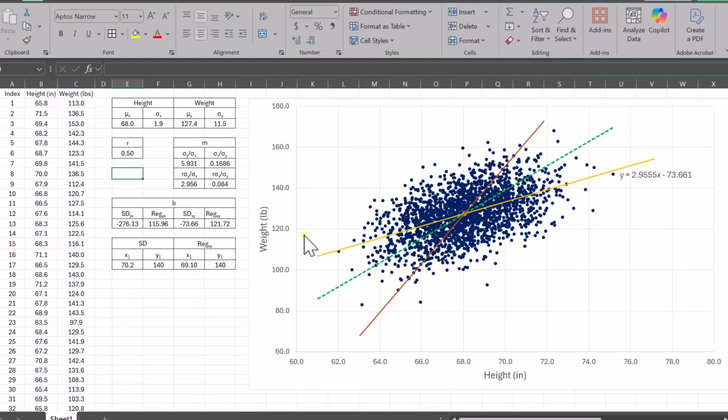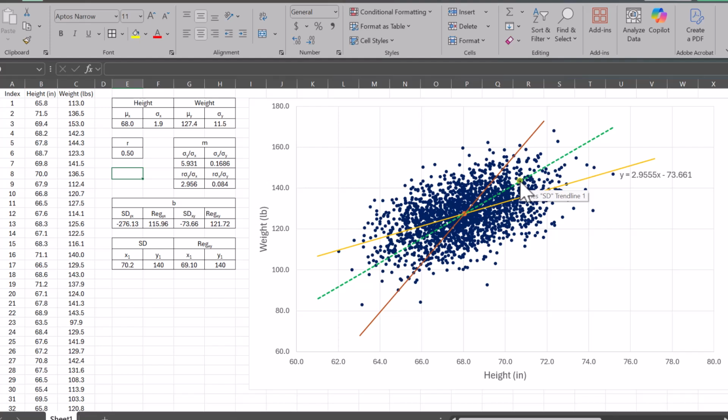So when we treat the vertical axis as the independent variable, the slope is sigma x over sigma y, and all that means is that if you go a certain number of standard deviations in the y direction, then to get back to the line, you go that same number of standard deviations in the x. So it's the same line.